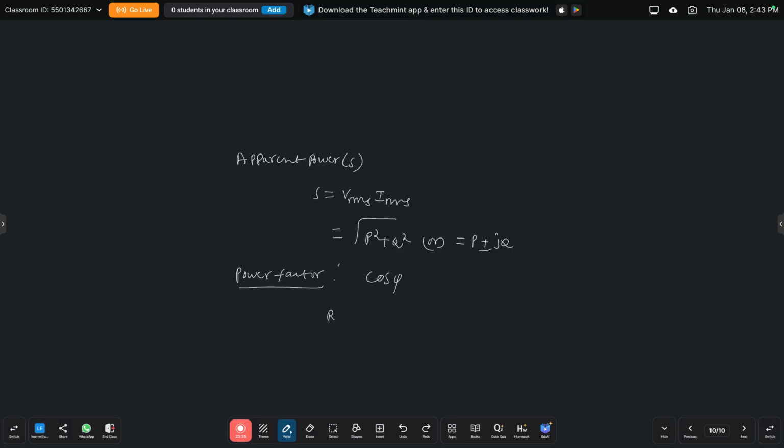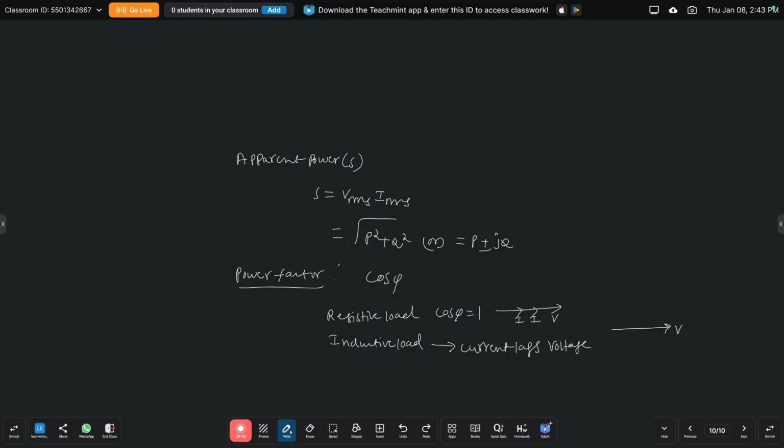Right. Now if you take a resistive load, cos phi is equals to 1. That is V is in phase with I. And the inductive load, the inductive load current lags the voltage by an angle phi.